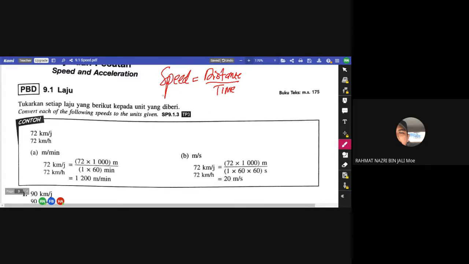So we have to remember the basic one: 1 kilometer is equal to 1000 meter. 1 hour is equal to 60 minutes.